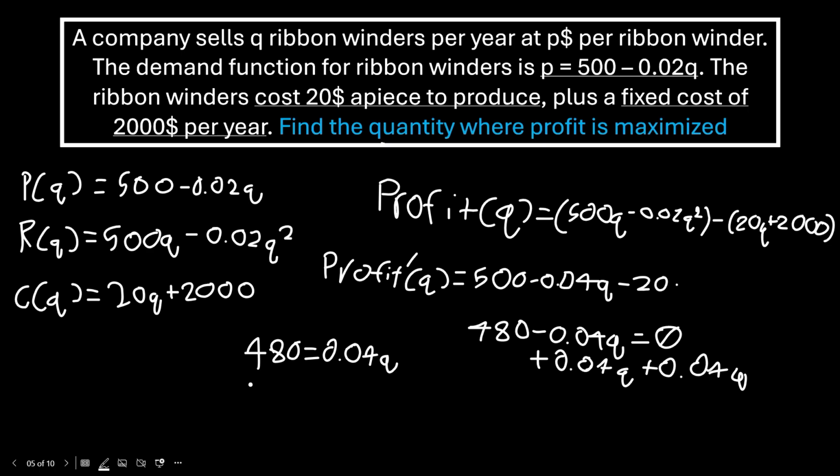Then finally, we divide both sides by 0.4, and our answer should equal Q equals 1,200.